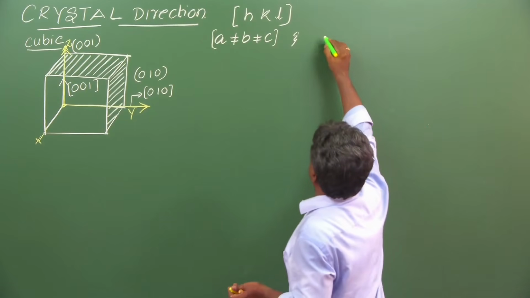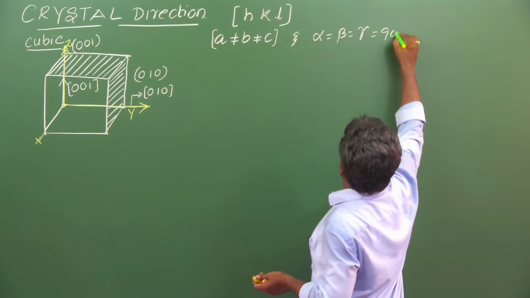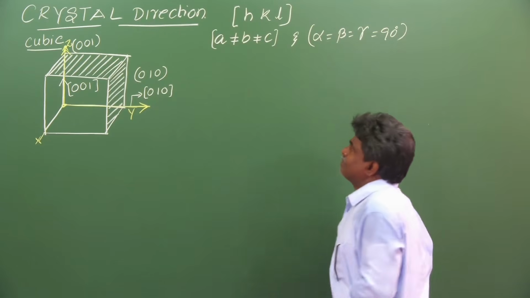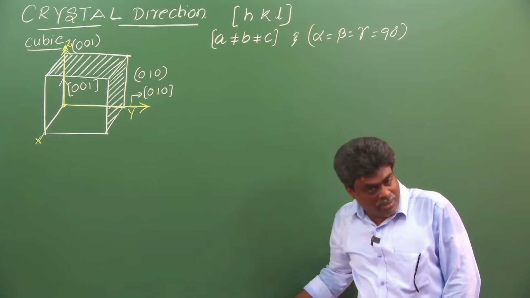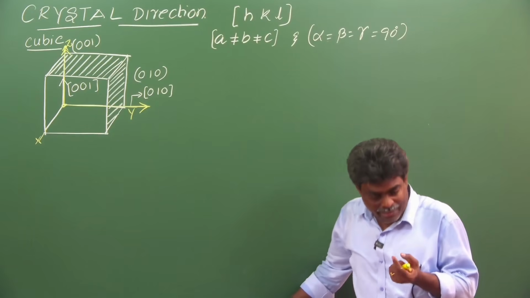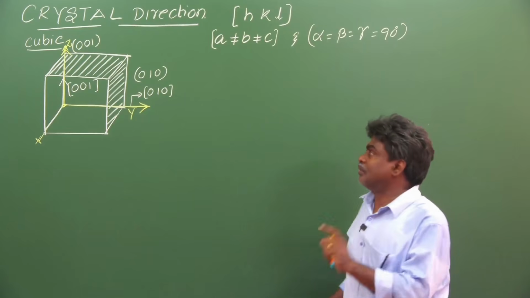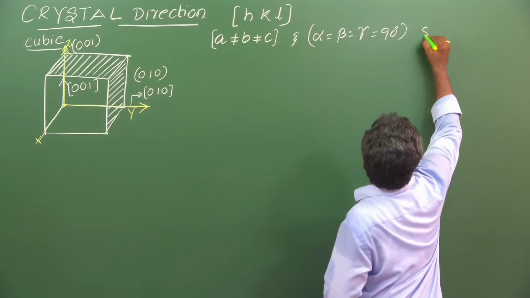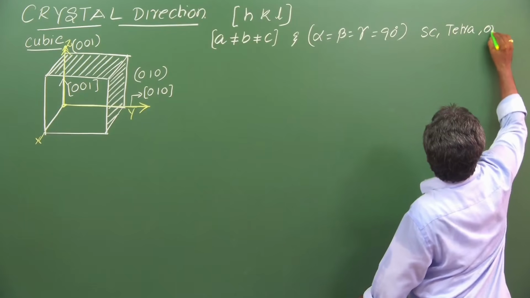That's why I'm taking the system alpha equal to beta equal to gamma equal to 90 degrees. So whatever I am deriving now is valid only for cubic, tetragonal, orthorhombic. Is that clear? Don't forget: simple cubic, tetragonal and orthorhombic.